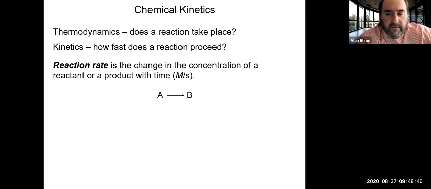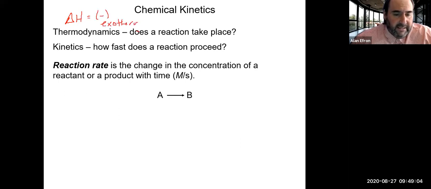But you've already touched upon thermodynamics, probably in Chem 50, when you talked about things like enthalpy, delta H, heat of a reaction, right? If delta H is negative, it's an exothermic process, right? Heat and energy is released. If delta H is positive, it's an endothermic process where heat and energy is absorbed.